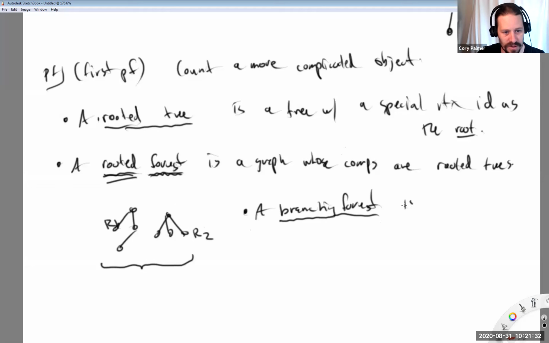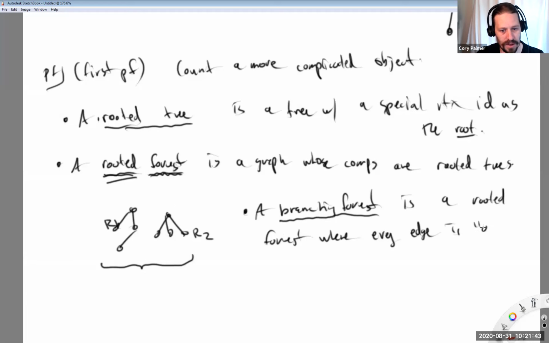A branching forest is a rooted forest where every edge is oriented away, say. We can choose one or the other. So oriented away from the root in its component.